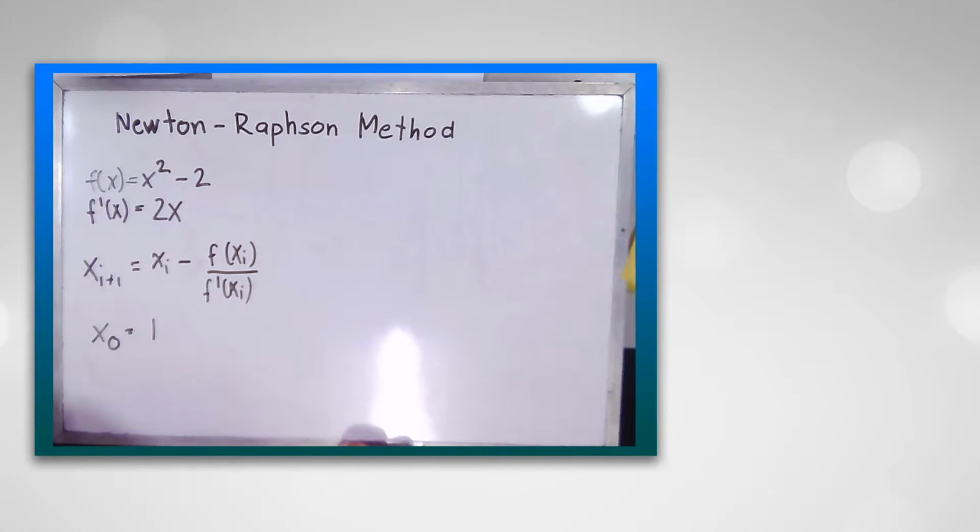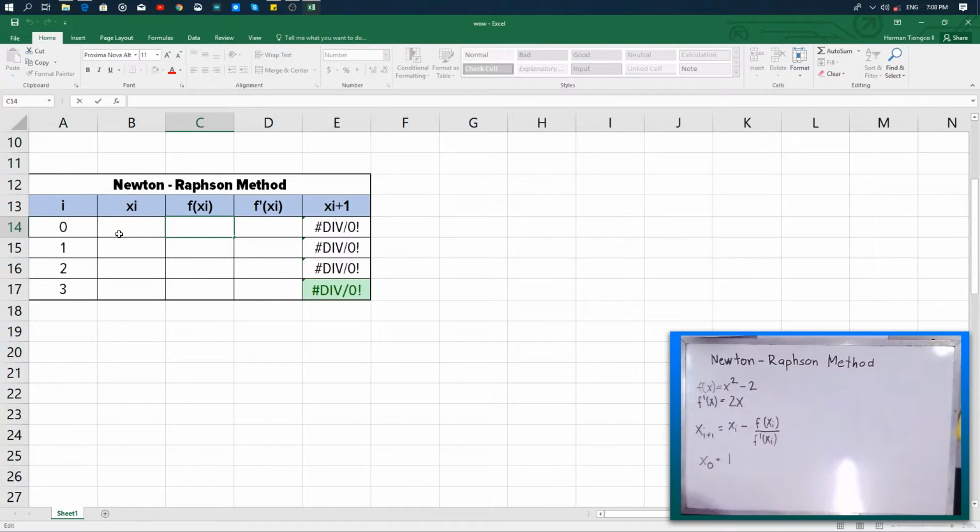So from the value of x sub 0, we will be forming the table for the Newton-Raphson method and therefore finding the solution. The value of x sub i, as you could see on the screen, will be 1 because that is the value of our x sub 0.